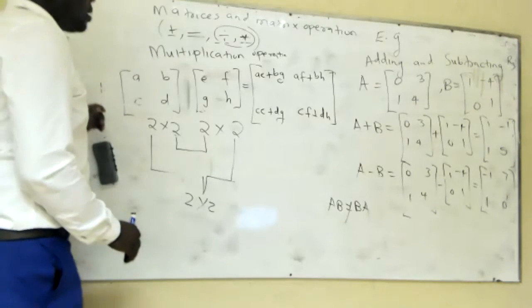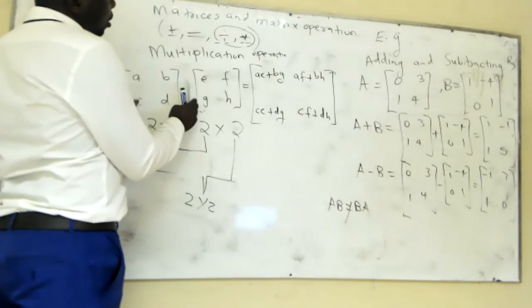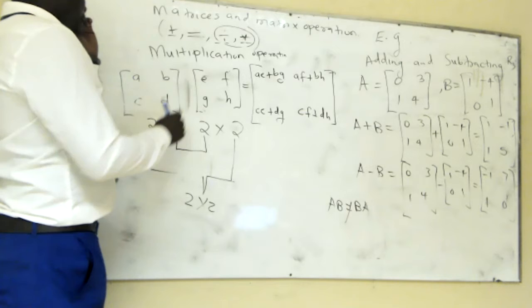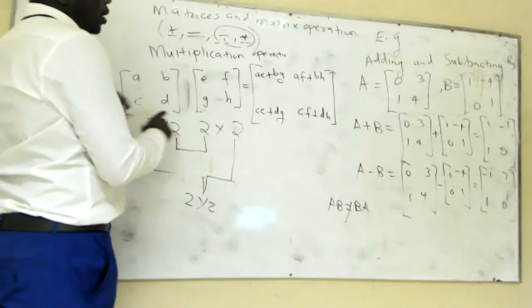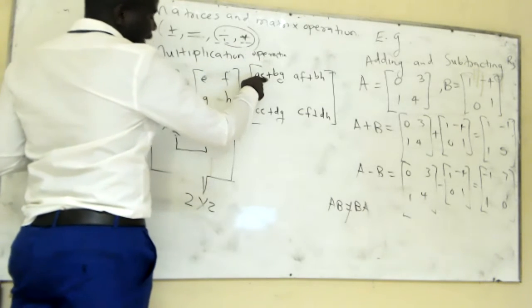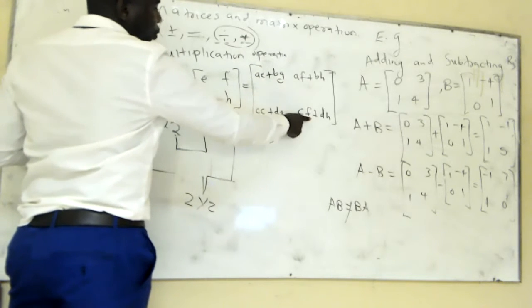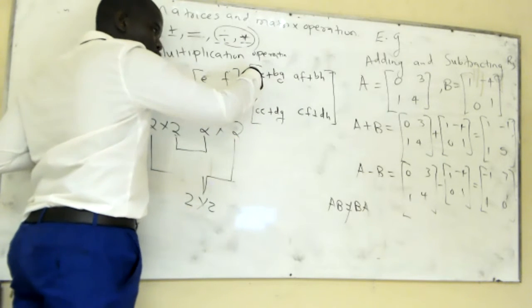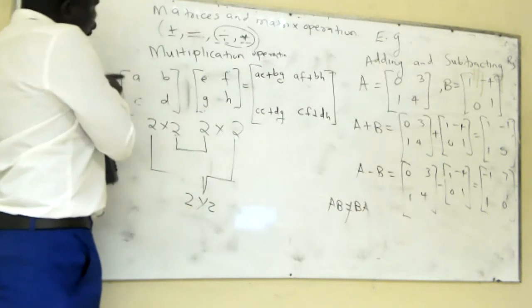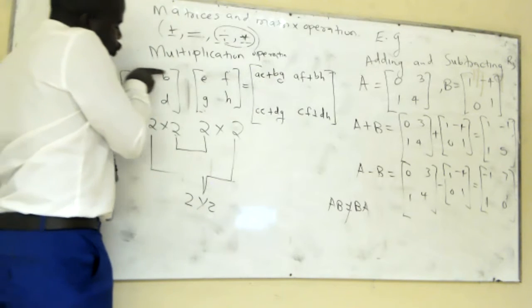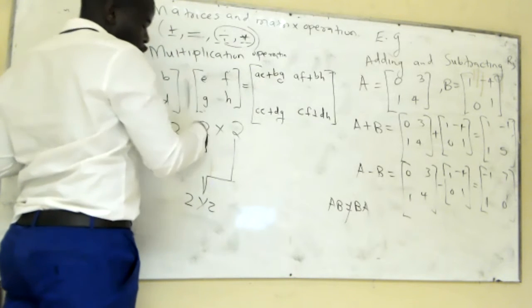Okay. So the multiplication of the matrices, we get it in this way. This is the first component, second component, third component, fourth component. In order for us to get the first component, we need to multiply the first row and the first column.